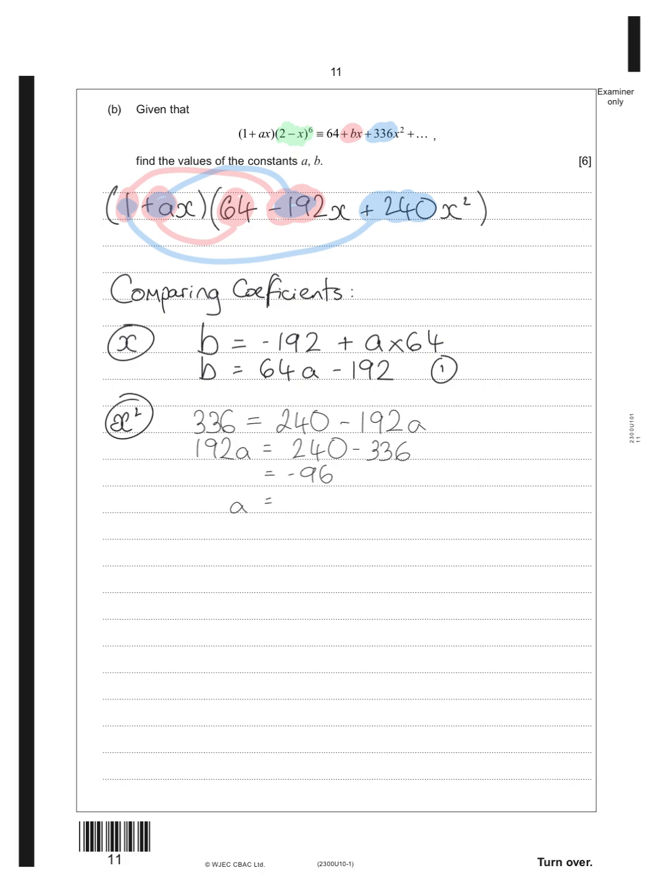So a is minus a half, because minus 96 over 192 is minus a half, which then allows us, into number 1, sorry, which allows us to work out that b is equal to minus a half times 64, minus 192, which I think is minus 224. Yeah. And there we go, 6 marks there.